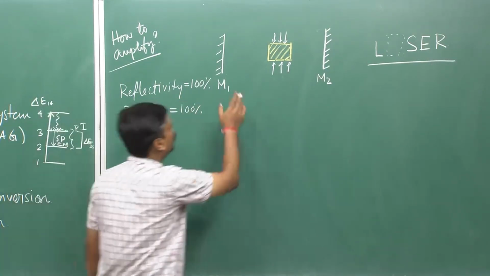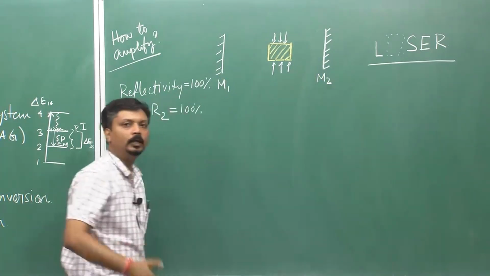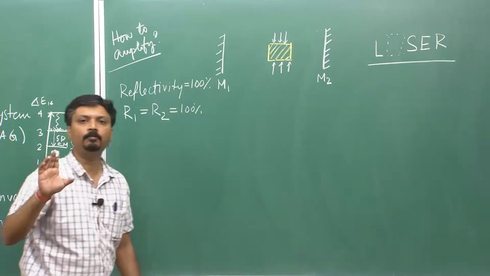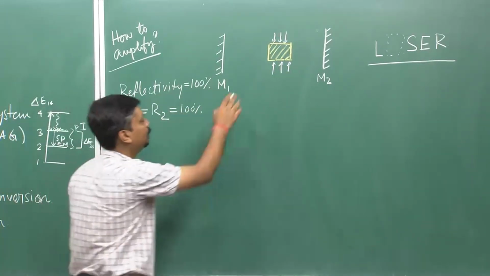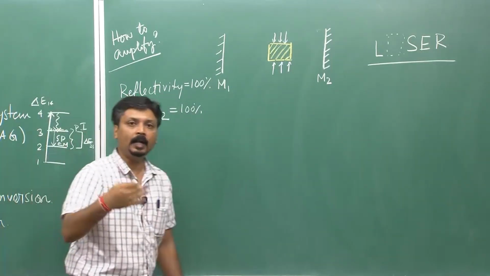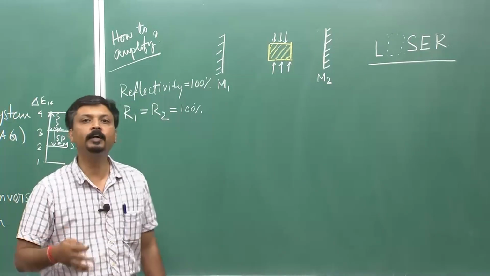Okay. So, we create a cavity by putting these two mirrors in a parallel configuration, and then put the active medium along with the pump source in the middle. So, now what will happen? Let us see that in an elaborate way pictorially, so that it becomes very clear to you.